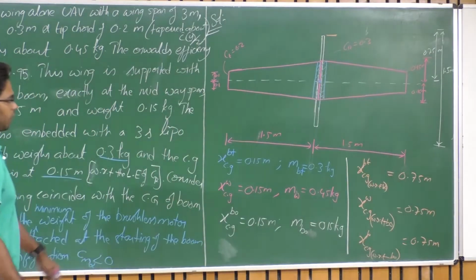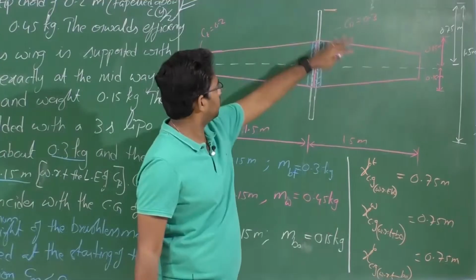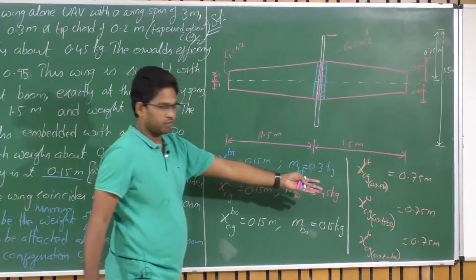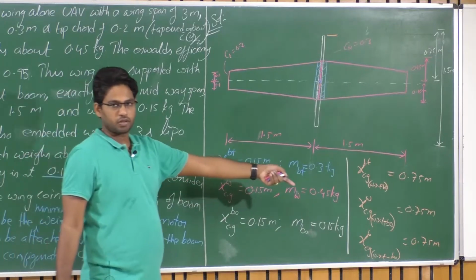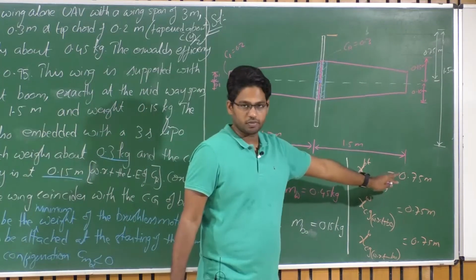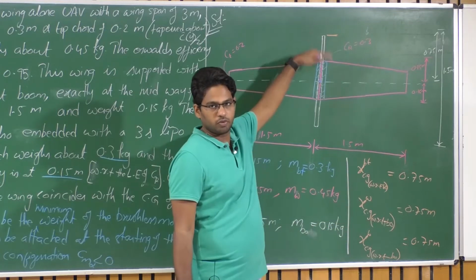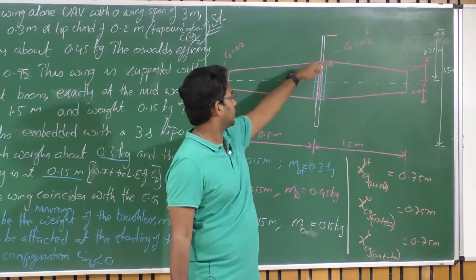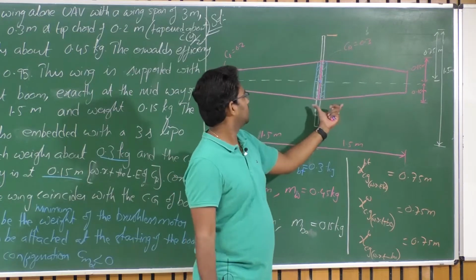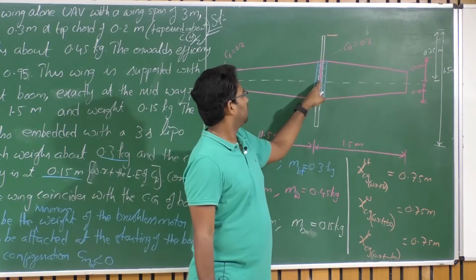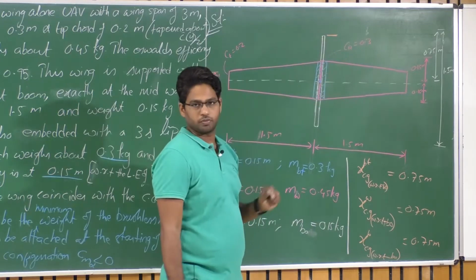We will see why we require this. So for this particular configuration, the CG is the same, isn't it? The CG is M1 x1 plus M2 x2 plus M3 x3 upon M1 plus M2 plus M3, that is, sigma m. So in all the cases, X CG is the same with respect to the starting of the boom. We can say the CG of this entire system, which includes battery, wing, and the boom, is at 0.75 meters from the starting of the boom, right?